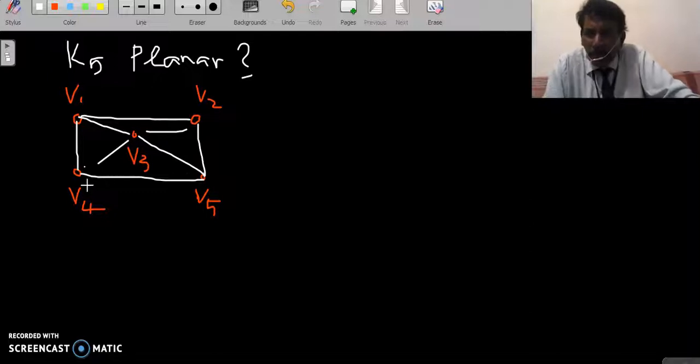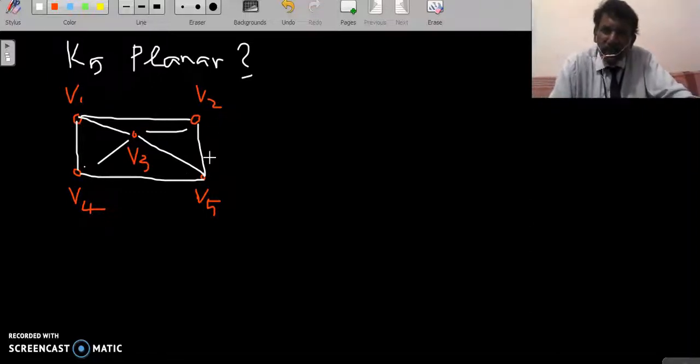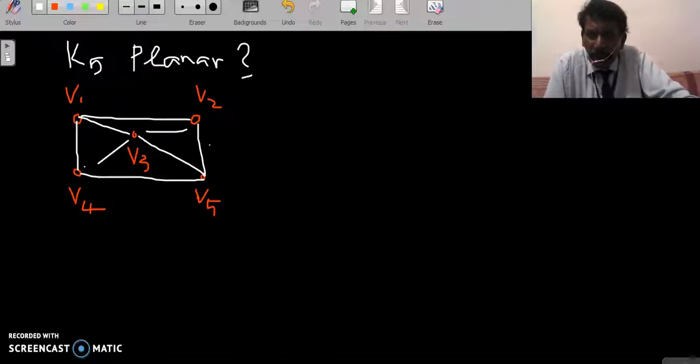Now look at this. This looks like a Jordan curve. We can take this as a Jordan curve, and these are the edges.